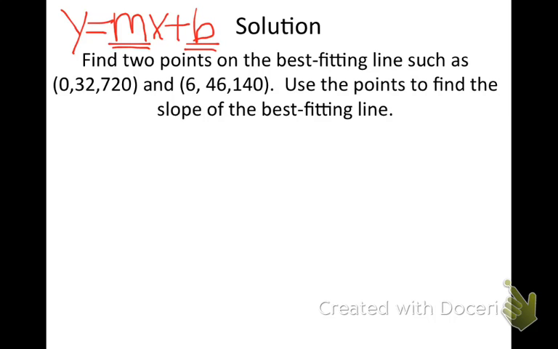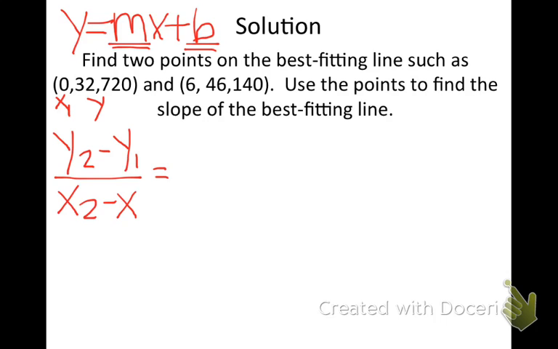So we're going to use our slope formula. y2 minus y1 over x2 minus x1. We're using the 2 points 0, 32,720, which will be our x1 and our y1, and the point 6, 46,140, which will be our x2 and our y2. Let's plug this in.